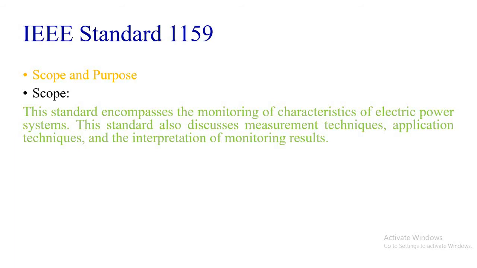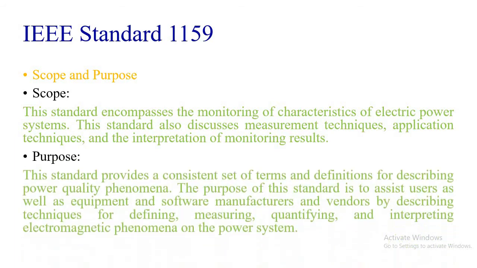The standard also presents definitions of nominal conditions and deviations from the nominal conditions that may originate within the source of supply or load equipment, or may originate from the interactions between the source and load. This standard also discusses measurement techniques, application techniques, and the implementation of the monitoring results.